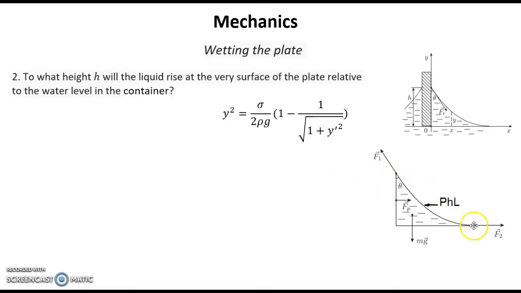We have force F2, that's a surface tension, to the right. We have pressure from the atmosphere, and part of this pressure is going to the left. And we have a force from our plate, which is going to the right. So now we can write the equation of statics for these four forces and find the answer for our question 2. Let's write it down.